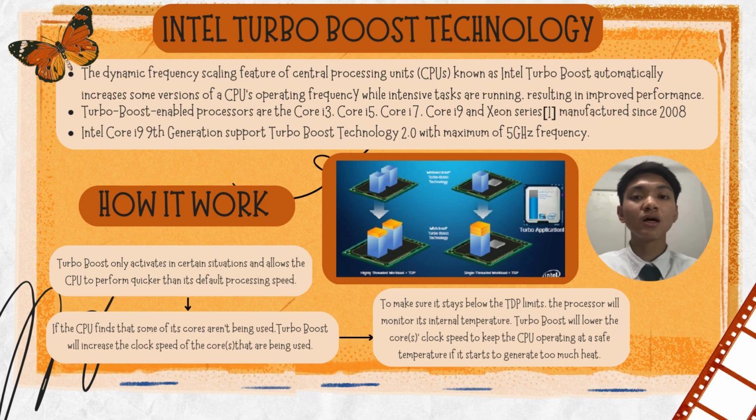And lastly, to make sure it stays below the TDP limits, the processor will monitor its internal temperature. Turbo Boost will lower the core clock speed to keep the CPU operating at a safe temperature if it starts to generate too much heat.